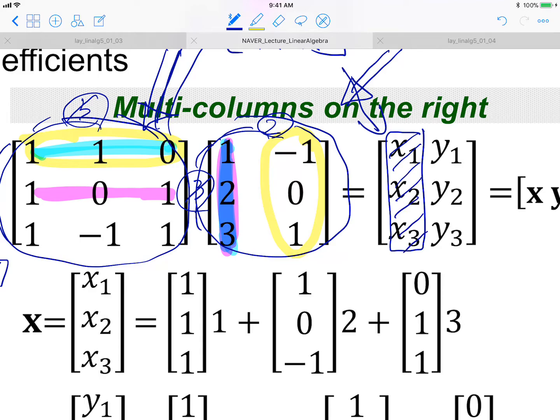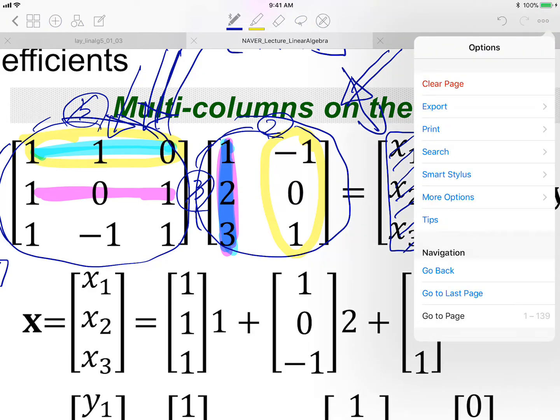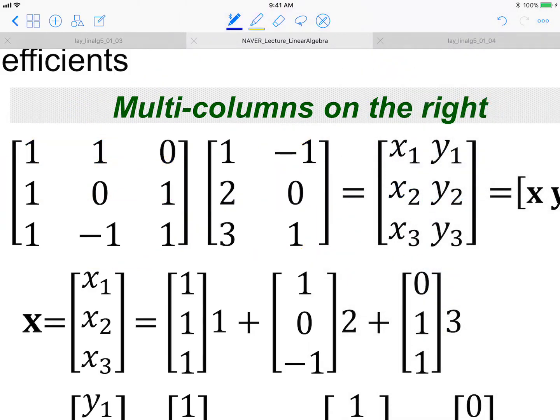So this part can be viewed as the linear combination of the columns of the left matrix, using these values as the linear combination coefficients. Okay, so let's look at that.